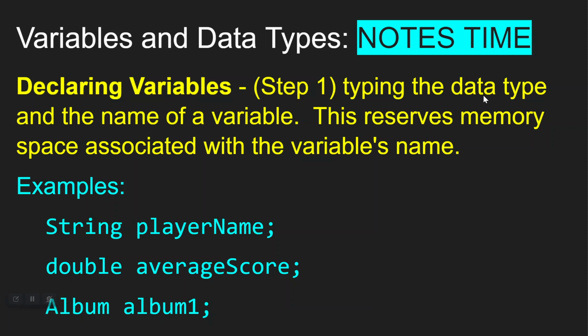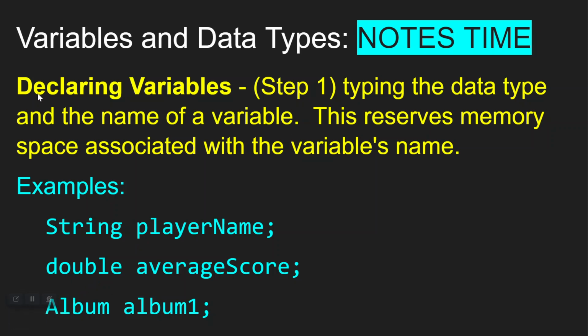But the first thing you need to do is type the data type. So that's something that's different in Java. So the data type for playerName is String, and the data type for averageScore is going to be double. And then the data type for album1 is going to be Album. That means it's going to come from the Album class.